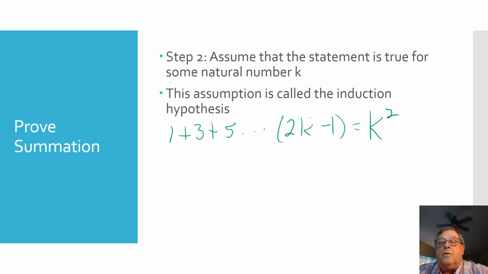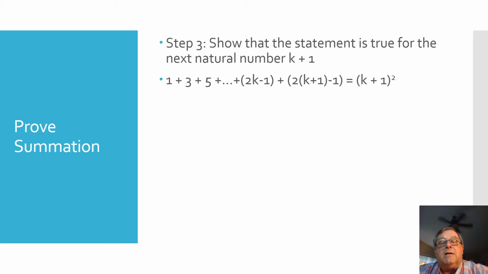And now let's move over here to step 3. Step 3 says that we show that the statement is true for the next natural number, k plus 1. And so here we've got 1 plus 3 plus 5 plus, up to, k plus the next natural number, 2 times k plus 1 minus 1. And is that going to equal k plus 1 squared?